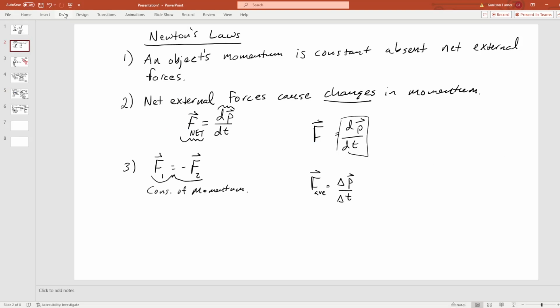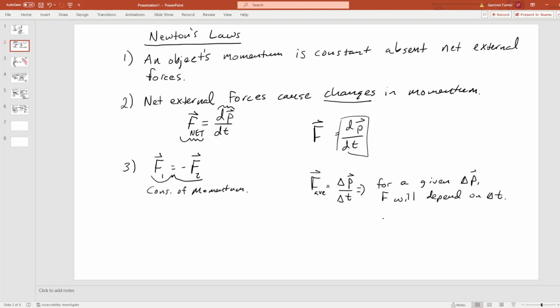And so what you'll notice here is that for a given change in momentum, F depends on delta t. So if you know what the change in momentum of your object or system is, the forces that are acting on it, their strength will be determined by delta t.